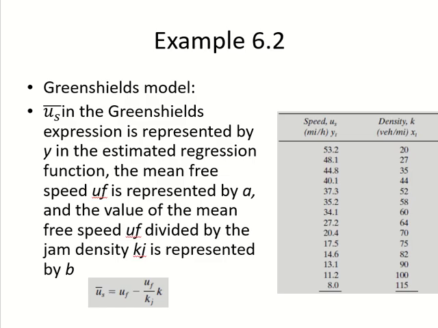Then you look at the equation. The second term is this into x. This is my x. So how much is this ratio in my equation? 0.5. So this ratio is equal to 0.5. So UF upon Kj equals 0.52, and I already know UF. So how much is Kj?